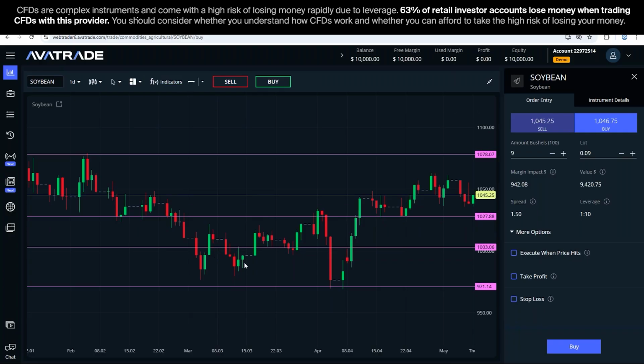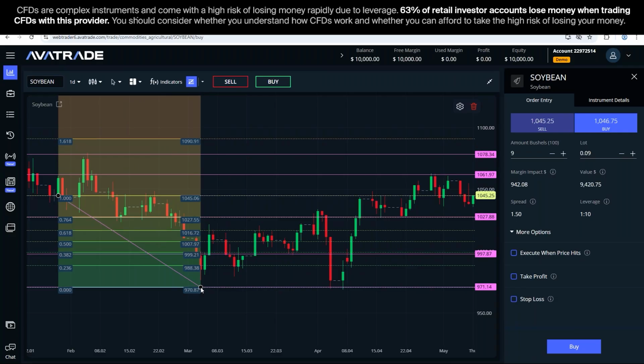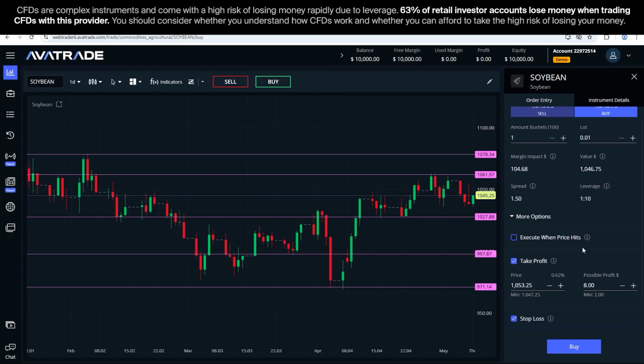Maybe just one more. Maybe just one more. And this one. Okay. And what we're going to do now is check the levels that will allow us to finish the composition for that. So we're going to bring it down to 0.01, click on the take profit and enable the stop loss.